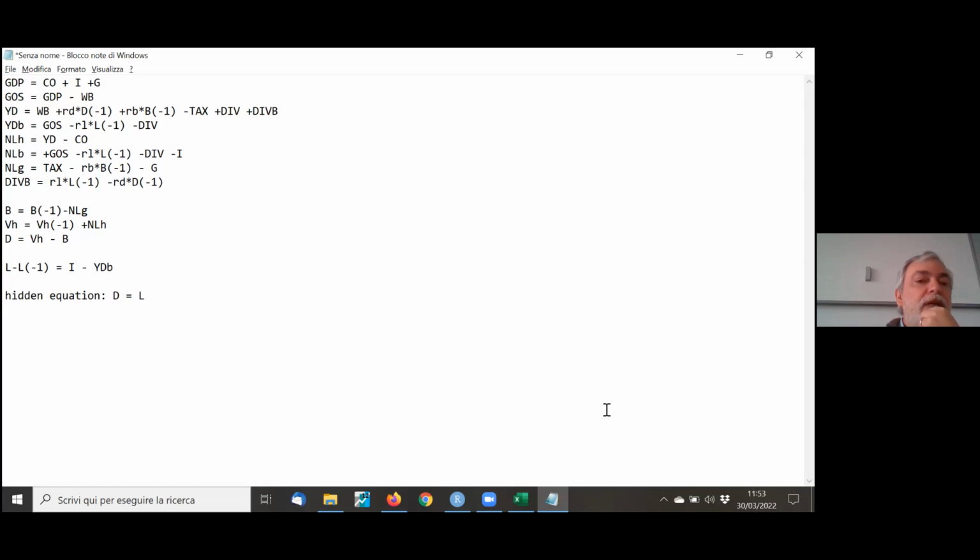The next step is the behavioral equations we want to use. Let's start from the simple things. The tax can be endogenized with a parameter on the pre-tax income, and the pre-tax income is given by this less tax.